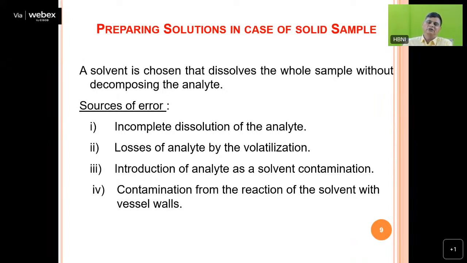The cost of ultra pure chemicals is almost tenfold compared to the AR or LR grade chemicals available in the market. And because you are doing all this processing in a container, contamination from the reaction of the solvent with the vessel walls is also possible, because some contaminants come from the vessel walls.